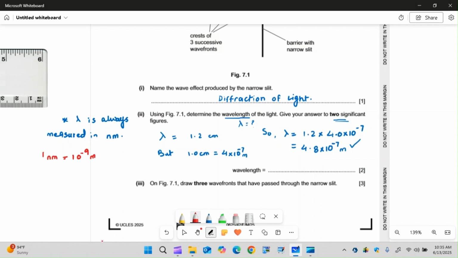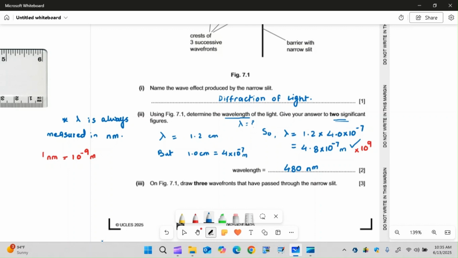So to convert this in nanometer, I multiply with 10 to the power 9. So this gives me 4.8, will change it to 480, minus 7 plus 9 is 2, so 10 to the power 2, so 480 nanometers.